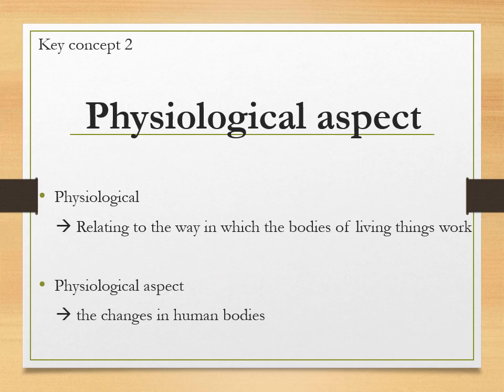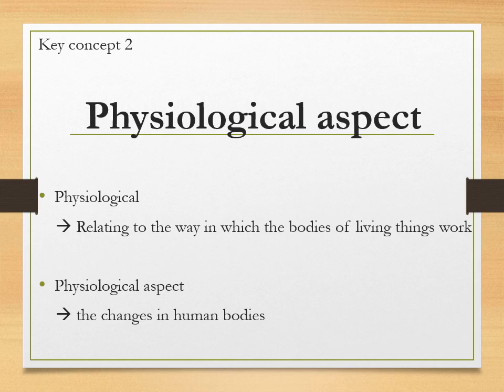In the previous slide, we went through the process from infancy to childhood, from childhood to puberty, from puberty to adulthood. And our body keeps on changing, and we call it the physiological aspect.